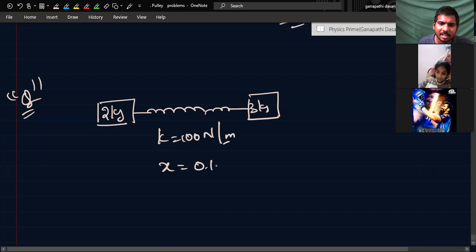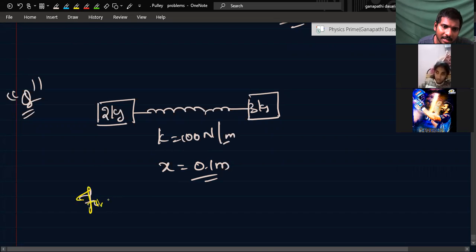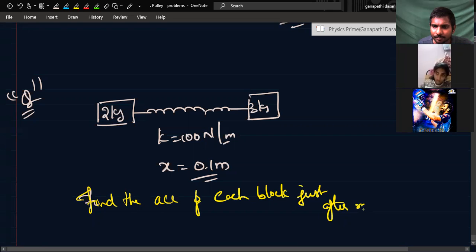It is displaced by 0.1 meters. Find the acceleration of each block just after release.